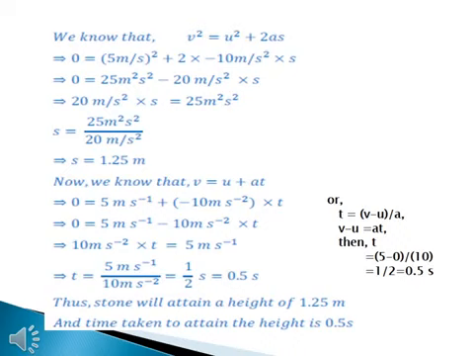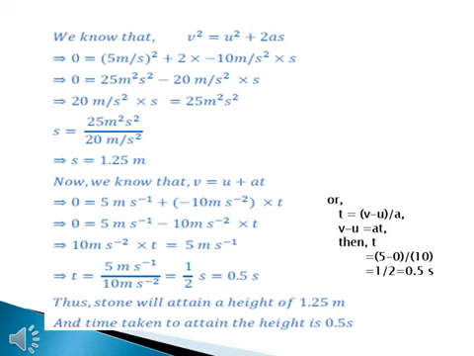Now we have to calculate the time t. We use the first equation of motion. We know v is equal to u plus at. V minus u is equal to at, and t is equal to v minus u divided by a.